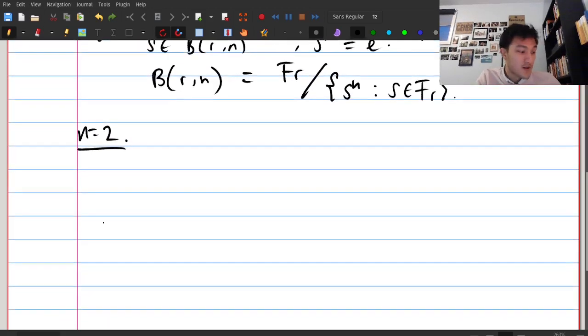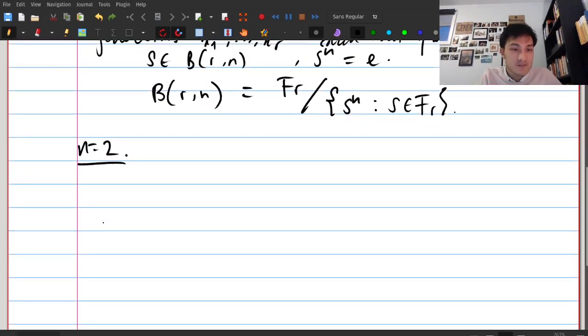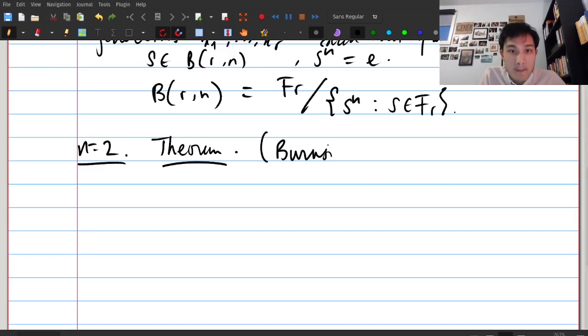Okay, so n equals 2. All right, n equals 2 is very easy, so we can just jump right into the theorem. This was proved by Burnside himself in 1902.